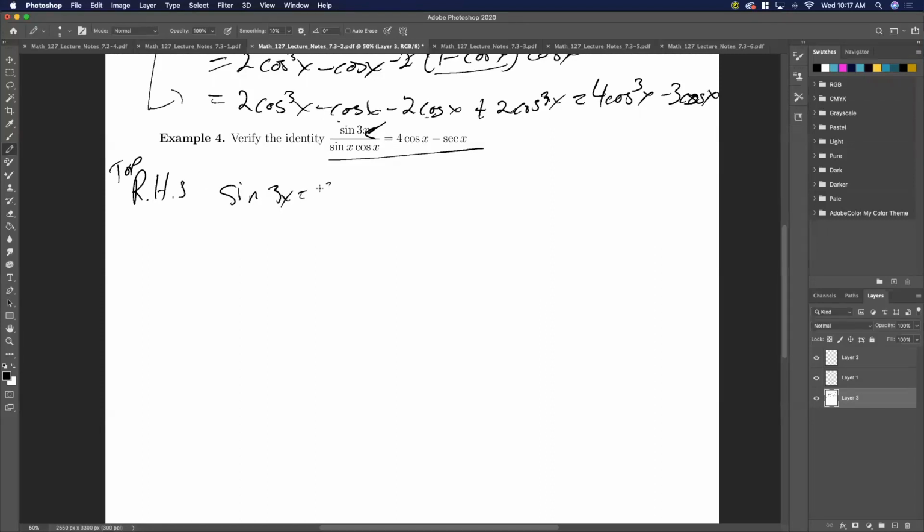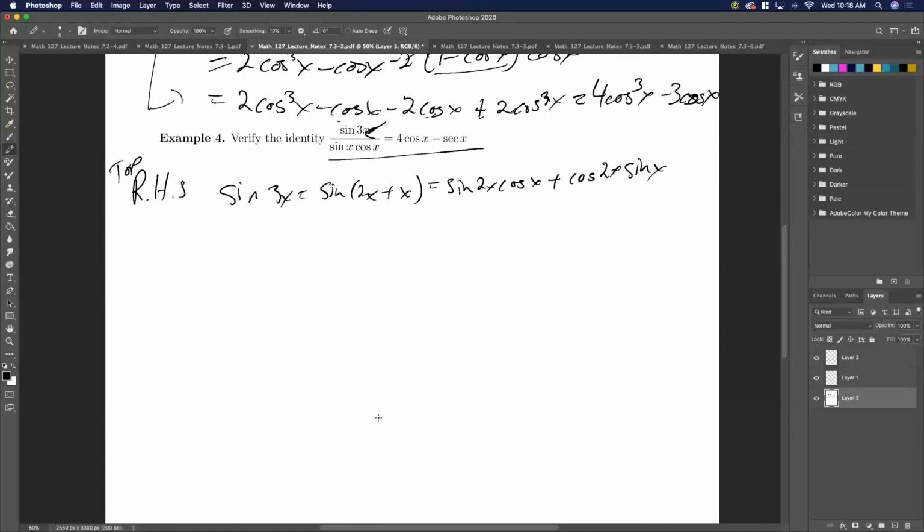Well, sine of 3x is equal to sine of 2x plus x, so you can split that up that way. If I had sine of 4x, I could write it as 2x and 2x. According to our rules, it would be sine of 2x cosine x plus cosine 2x sine of x.